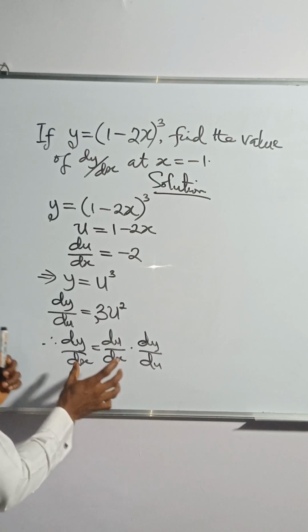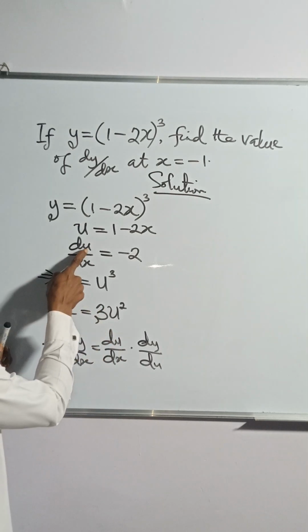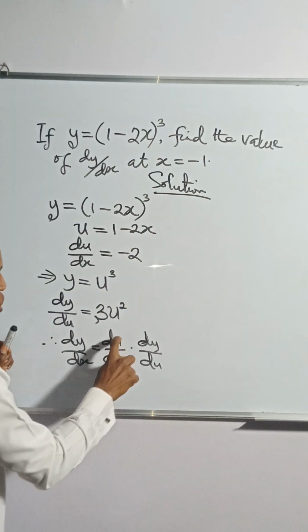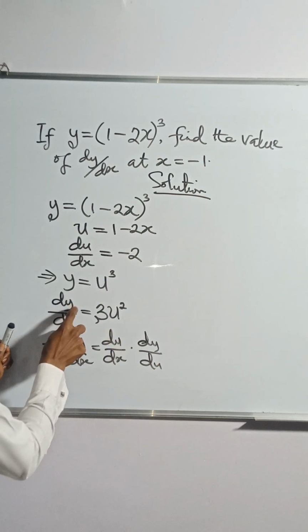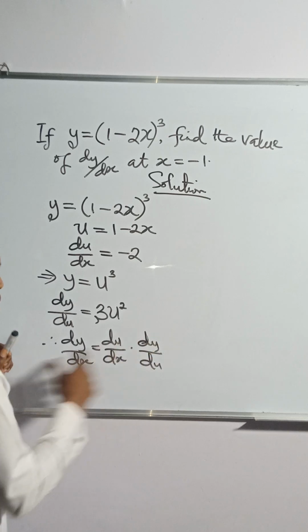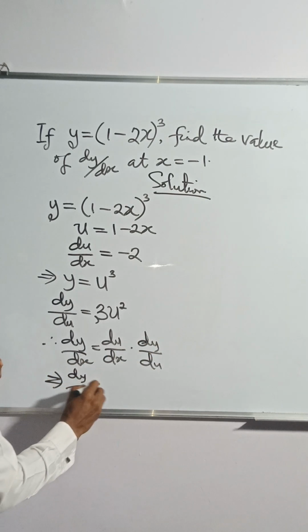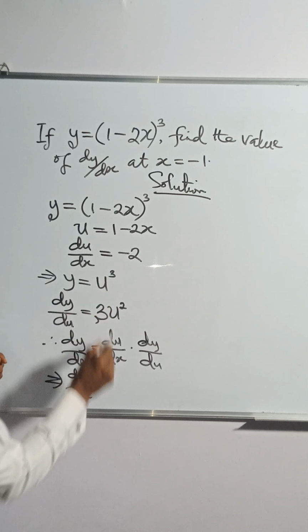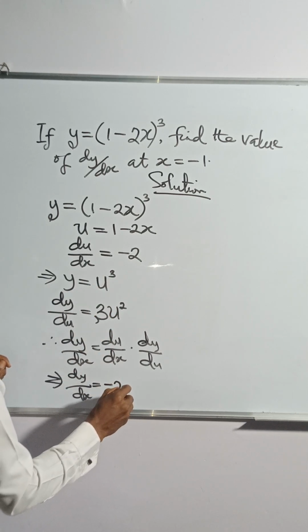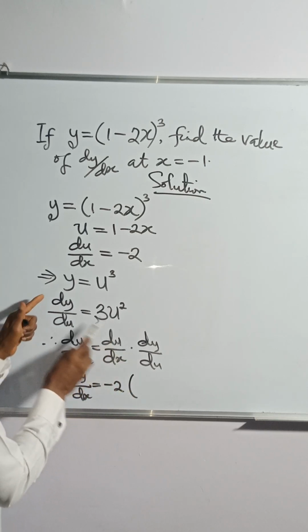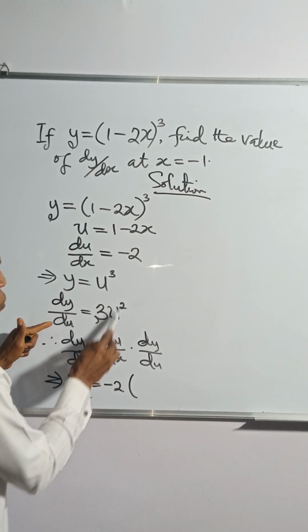So we are going to apply what we obtained for du/dx, which is minus 2. We substitute it here, and what we obtained as dy/du, we substitute it here. This implies that dy/dx will be equals to du/dx, minus 2, multiplied by dy/du, which is 3u squared.